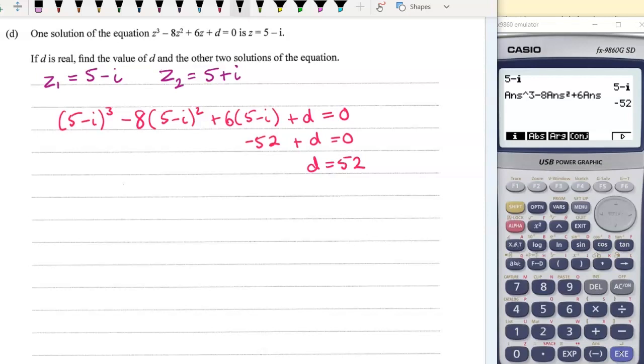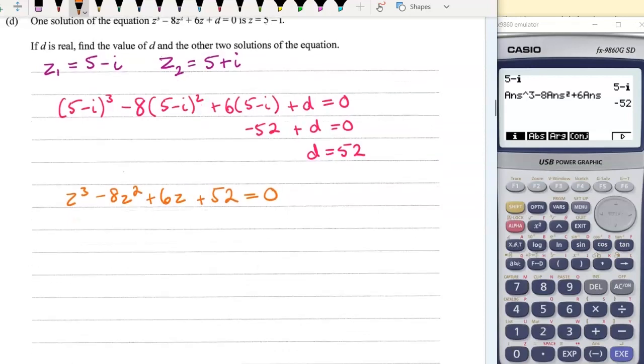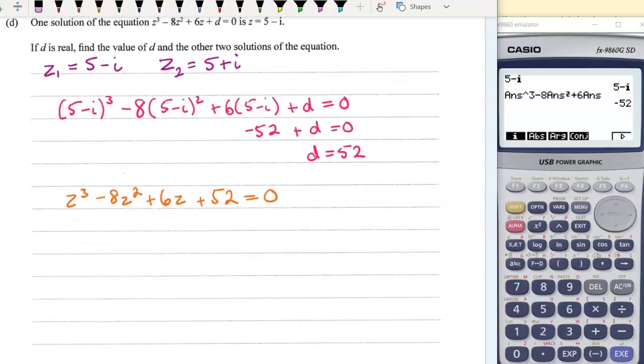Okay, so our expression now, we have z cubed minus 8z squared plus 6z plus 52. Oh wait, no, not equal to 0. We don't need that bit.